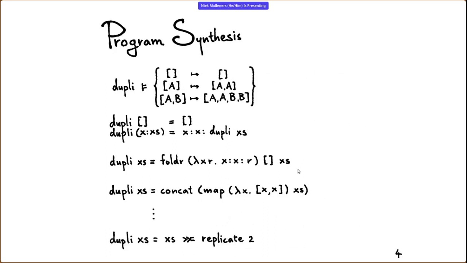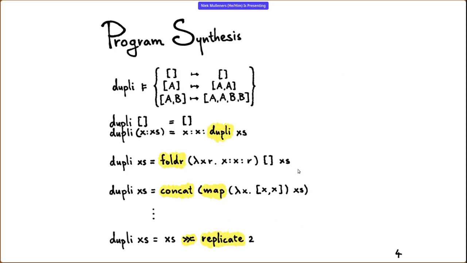Interestingly, the most terse one is perhaps this one, where we use the monadic bind operator to bind the list into the function replicate. Replicate takes a natural number and a value, and then repeats that value that many times to create a list. And this may be the most terse version of dupli, but not necessarily the nicest one.